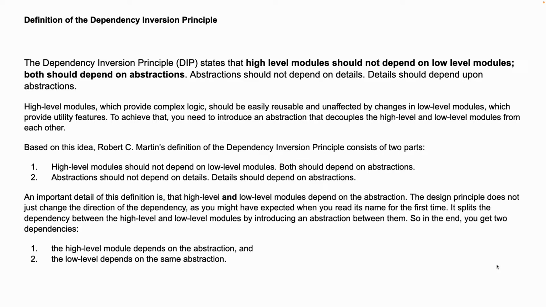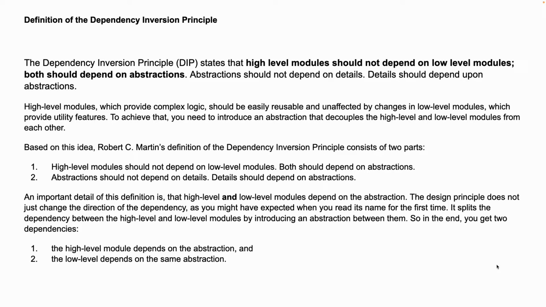So here we are trying to decouple the high level module and the low level module, so they are not tightly coupled, which will give us reusability. So when we change certain things in our low level module, that should not affect our high level module. So the high level module can be reusable, and it doesn't get affected by the changes in our lower level module.